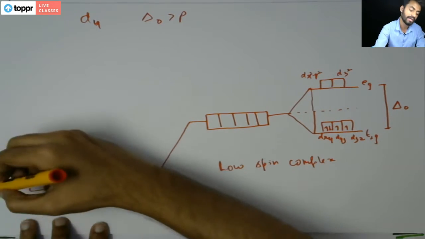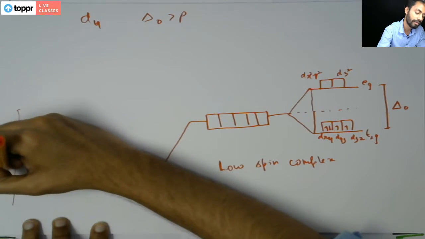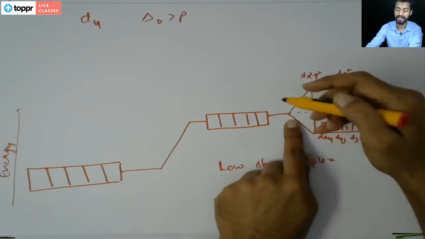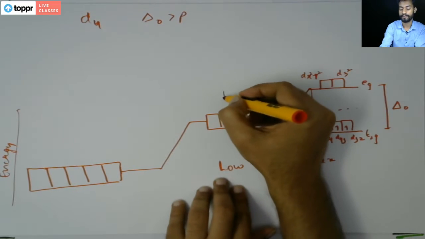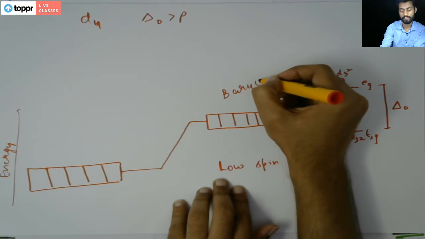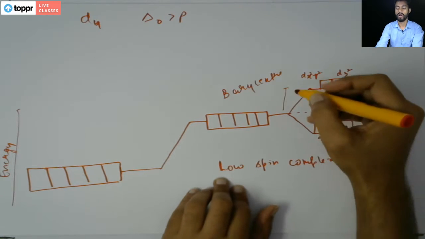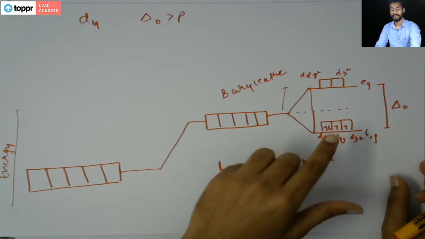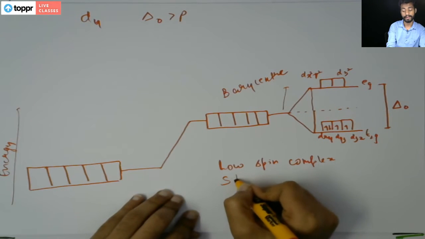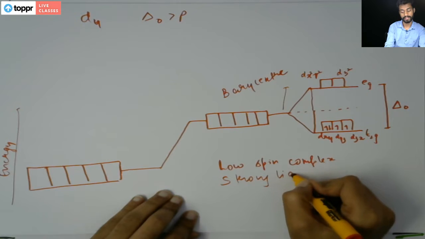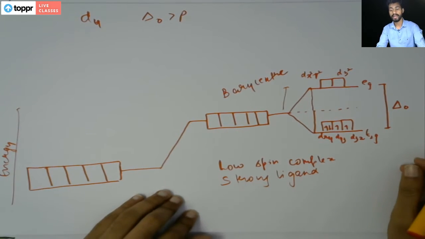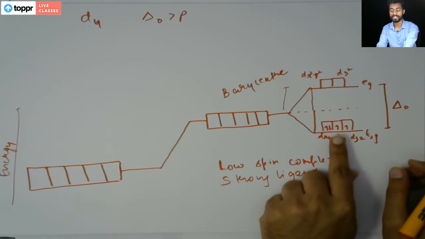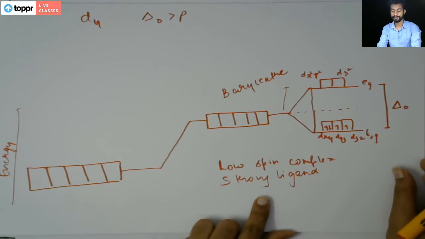Hope you are clear with this. I'll draw energy, and this point from where the splitting takes place is called the barycenter. So it is a low spin complex and a strong ligand. This is also a point. This is how CFT helps us. It helps us determine whether the ligand is strong or weak. Since the pairing of electrons is taking place, it is a strong ligand.